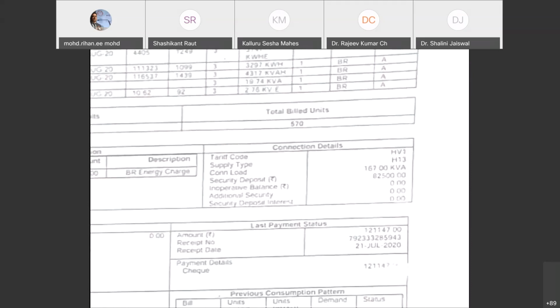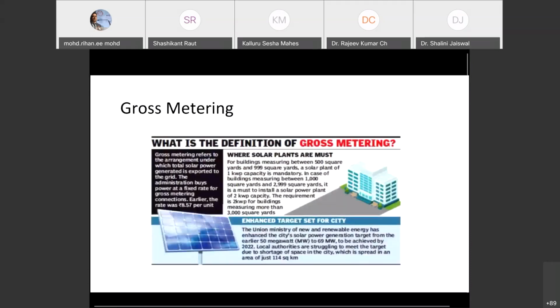Sanctioned load is mentioned in the bills, like here it is mentioned connected load is this. So this was an example from our university, one of our hostels. And I'm sure many of you have calculated the ROI and you have understood how we can analyze the power generation from a solar plant, and how we can devise an optimal capacity for our house or our office.